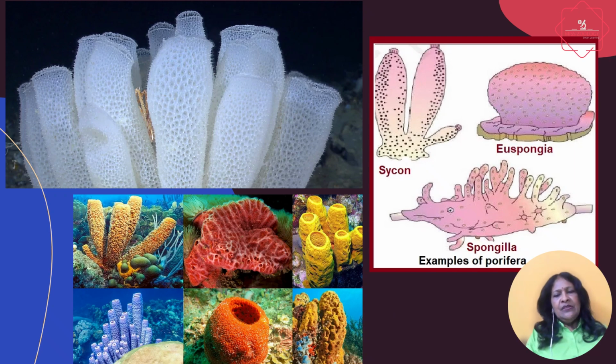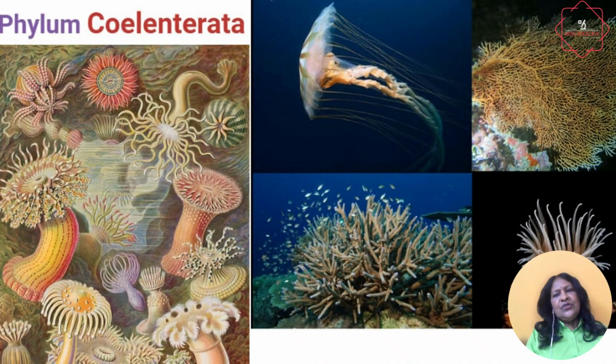Let us move next to the slide where we have Coelenterata. Coelenterata is represented by most of the corals. The corals can exhibit bioluminescence and a beautiful array of colors.